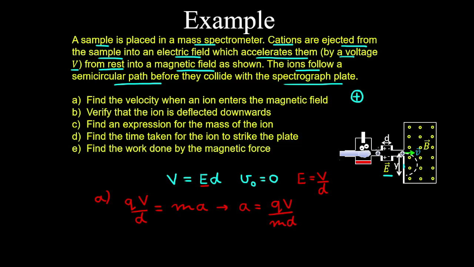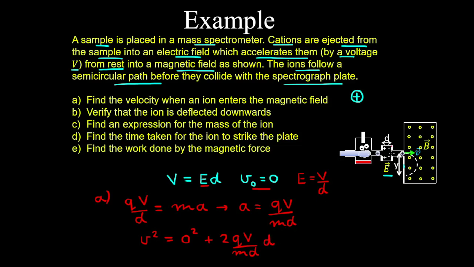So the initial velocity of the ion is assumed 0, being at rest. So the velocity when the ion enters the spectrograph is obtained using this kinematic equation. We have the initial velocity squared plus 2 by the acceleration by the distance between these plates.